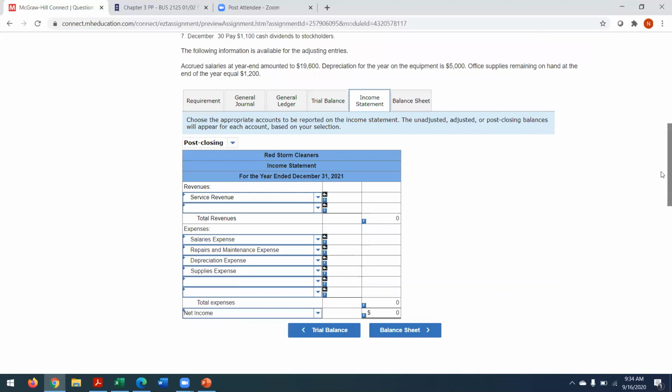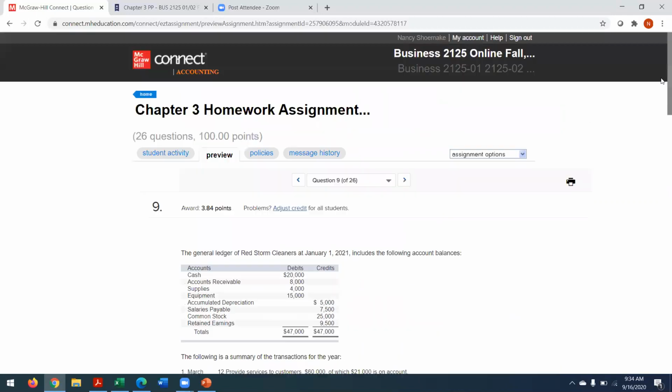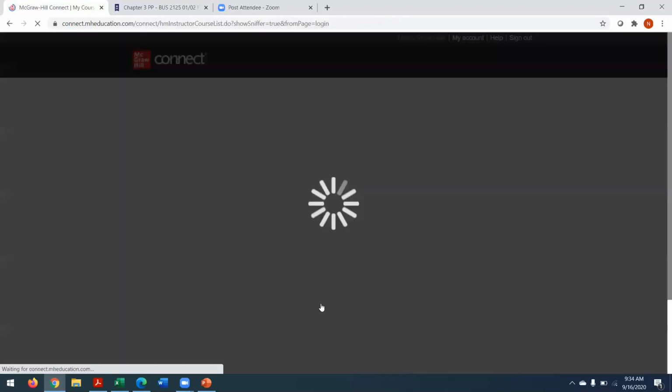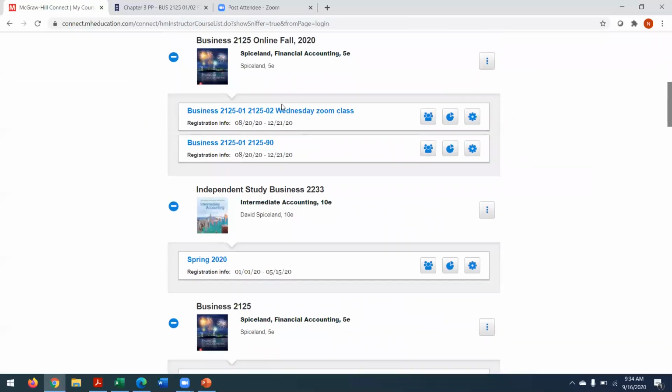So read to me what service revenue says. It has it all zeroed out because you've already done your closing entries, probably.